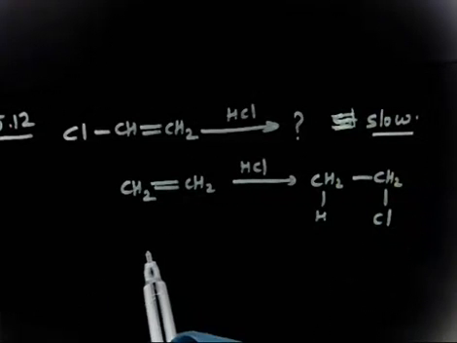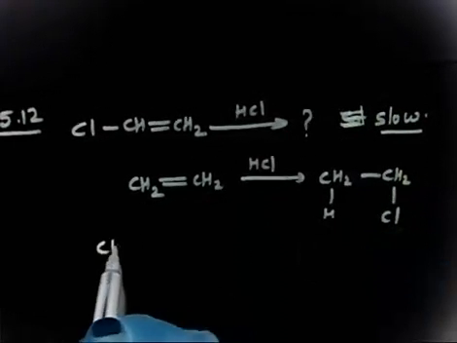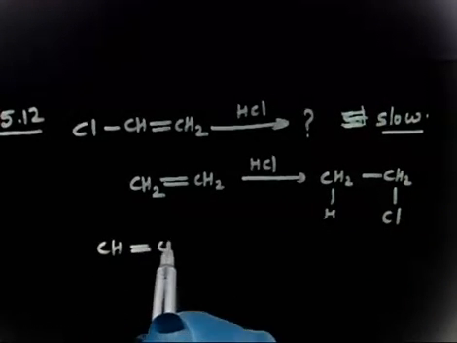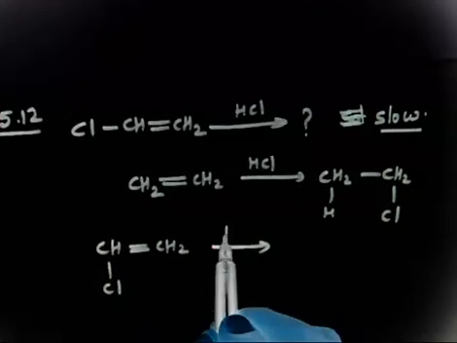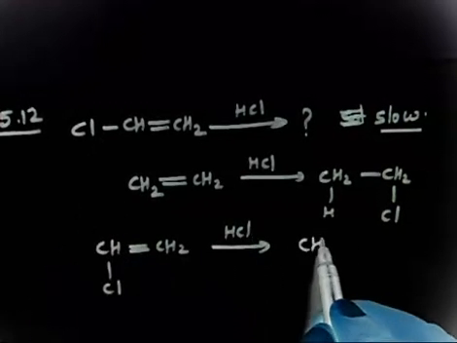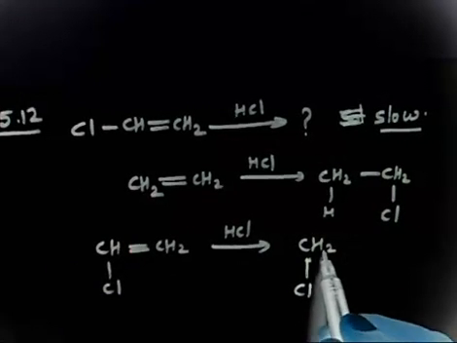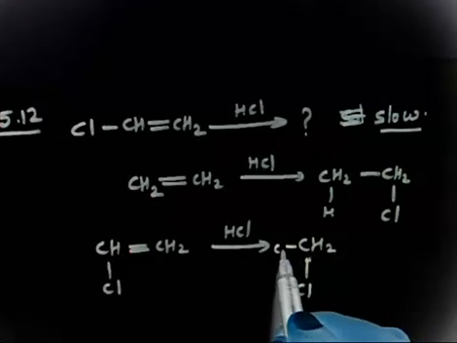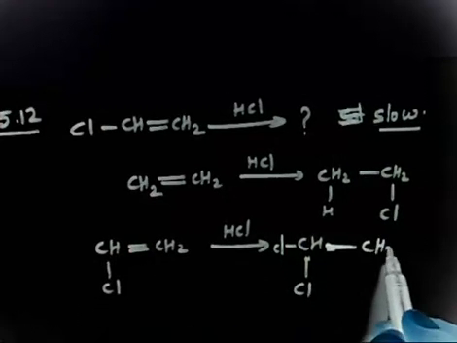Now the second problem is the product. Let us say I give you the product. So let us say CH=CH2 and I have Cl here. If I add HCl here, the product is something like this, CHCl, and we will have one more Cl, and there is no CH2, so there is a single bond, and you have CH3.